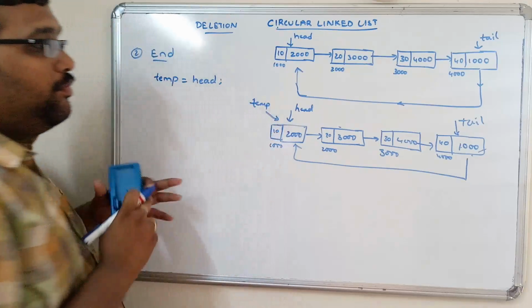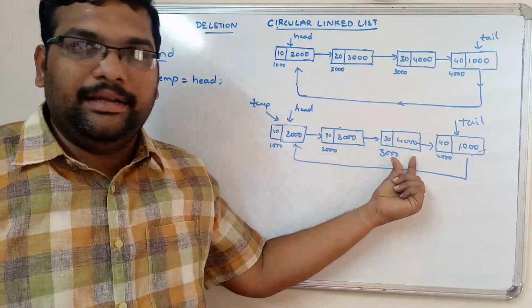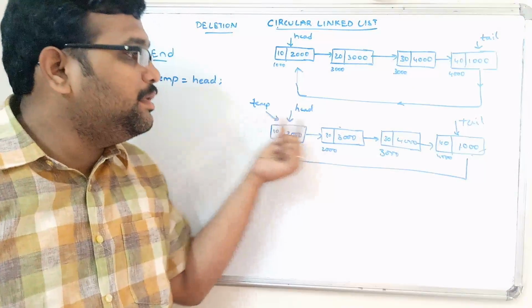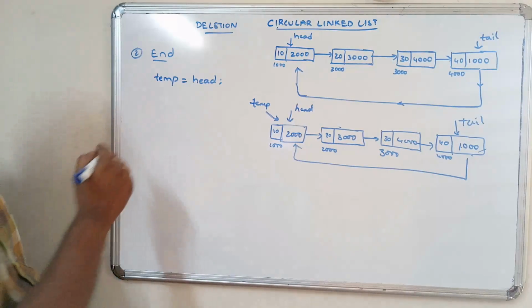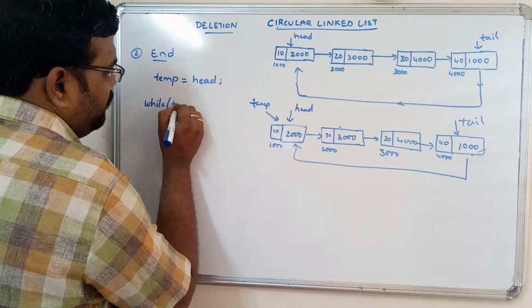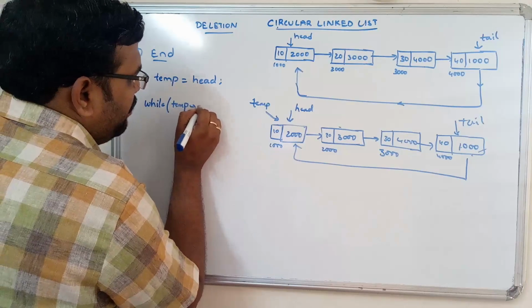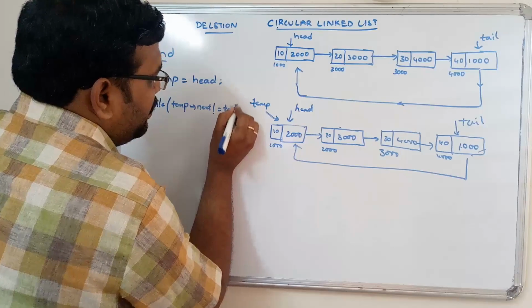Okay, we need to move the temp till 30. So simply we can write the iterative statement: while temp of next not equal to tail.